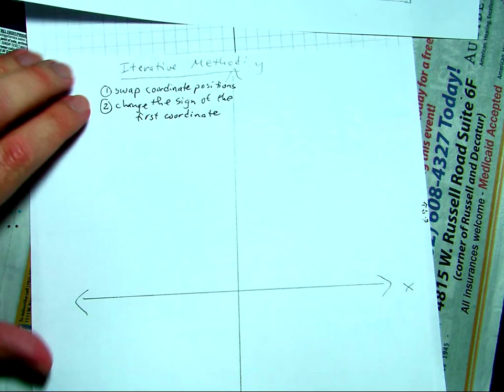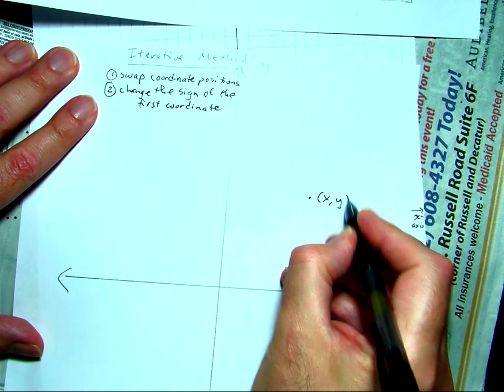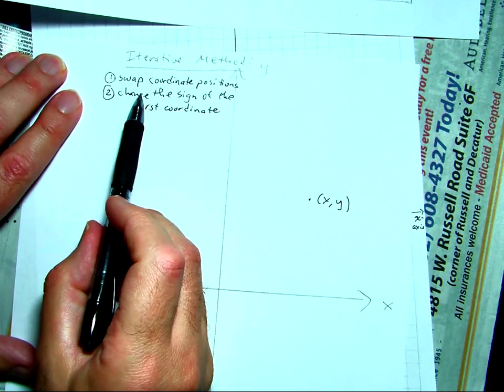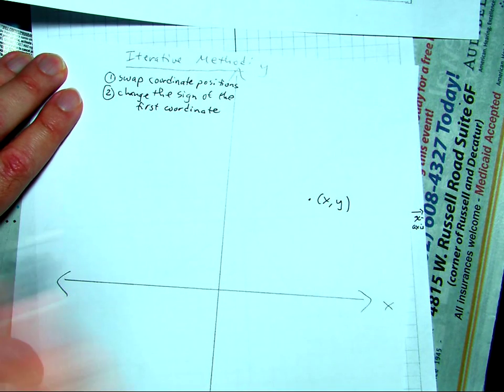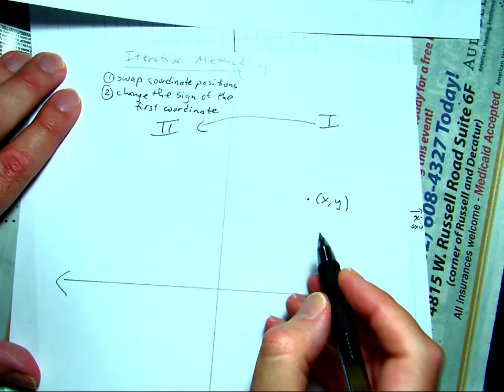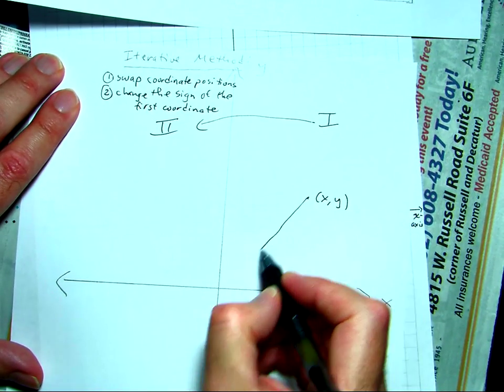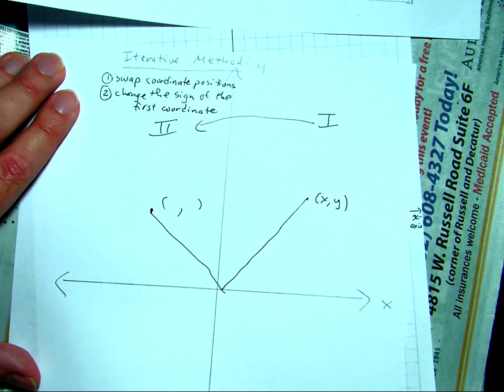The way this works is you're going to start with your point here in the first quadrant, x comma y, and then you're going to do 2 steps to go to each subsequent quadrant counterclockwise. So going from the first quadrant to the second quadrant, as you rotate this 90 degrees, and you want to find out the point that it's going to go into here, you do 2 things.